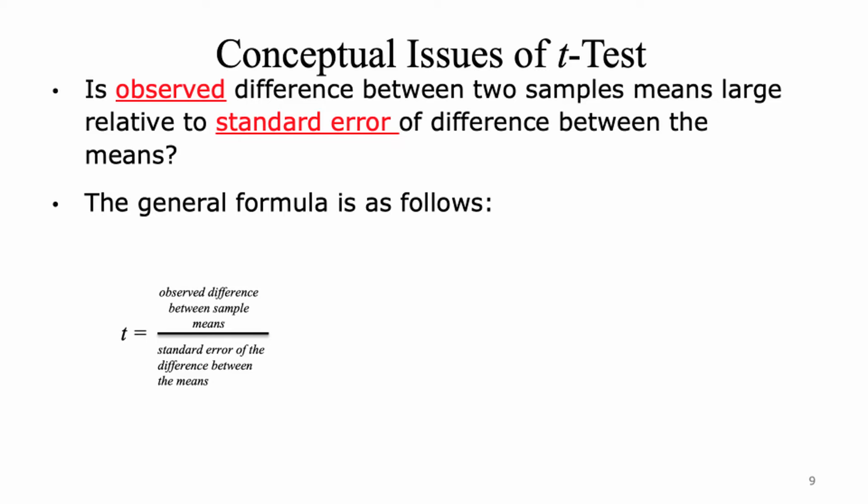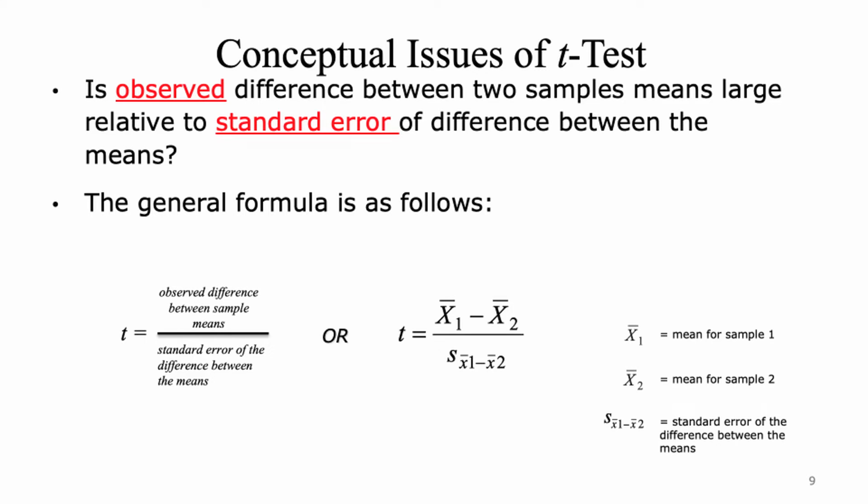T is equal to the observed difference between the sample means divided by the standard error of the difference between the means. It looks something like this: X bar sub 1 minus X bar sub 2. That's the observed difference between the sample means. The denominator is a little bit more complex. That's the standard error of the difference between the means. But I have a separate slide on that. Let's move on.